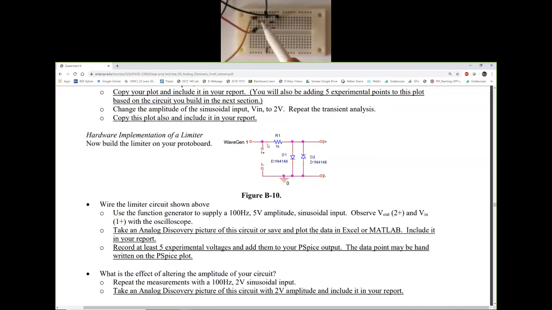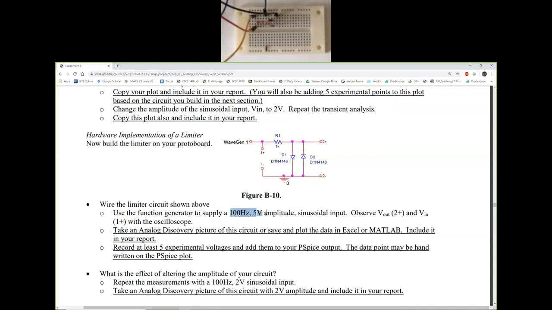The node between the diodes and the resistor, we have two diodes pointing in opposite directions, a resistor and 2 plus, and then we have ground. That's how we have set it up, and I would expect the output to be limited to plus and minus 0.7 volts in this case.